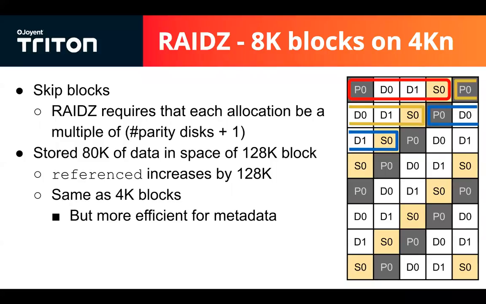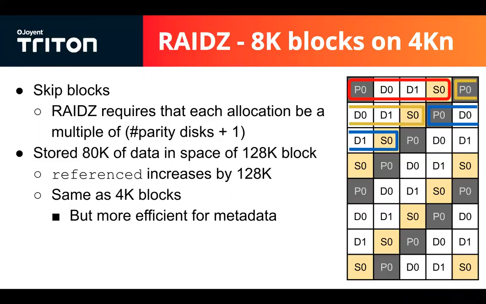When we get up to 8K, we run into another surprising feature of RAIDZ, and that is that it does all of its allocations on a multiple of the number of parity disks plus 1. So when we're trying to write an 8K block to a 4K disk, we need to have 1 parity block plus 2 data blocks. That's 3. That's not a multiple of 1 plus 1.